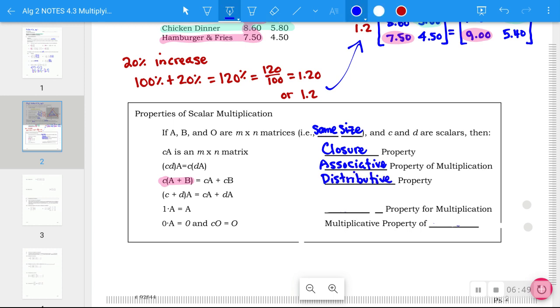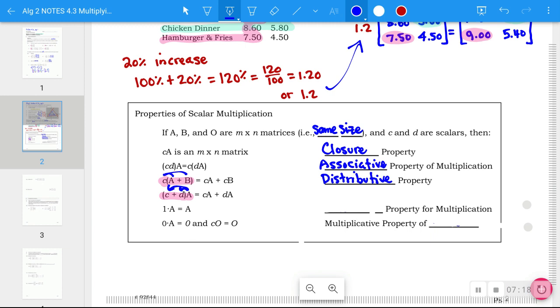So that would look like this: the scalar C times matrix A plus the scalar C times matrix B. But then there's another version of that where you have two scalars added together times a matrix. And that one you can distribute coming this way, C times A and D times A. So either the scalars distribute or the matrices distribute, either one.